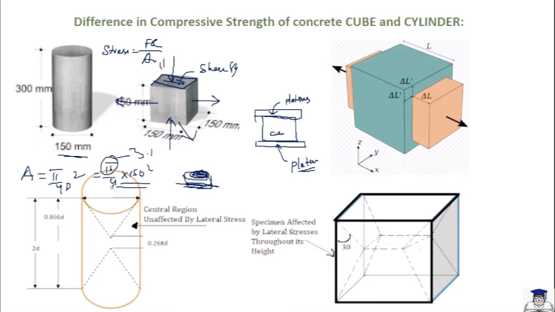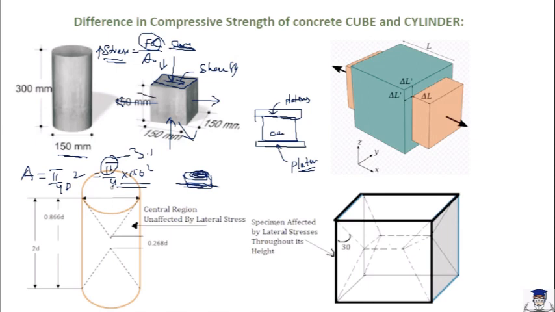So if the force is constant and the area decreases, what happens to the stress? It increases. Even if the force is constant, the stress induced on this material will tend to be higher. Therefore, even at a smaller force, because of this decrease in area, the stress is going to be more on this and it is going to fail before the concrete cube.